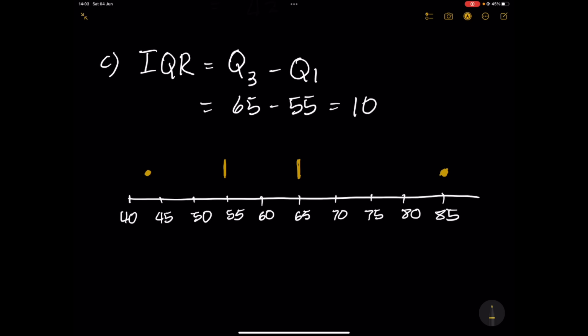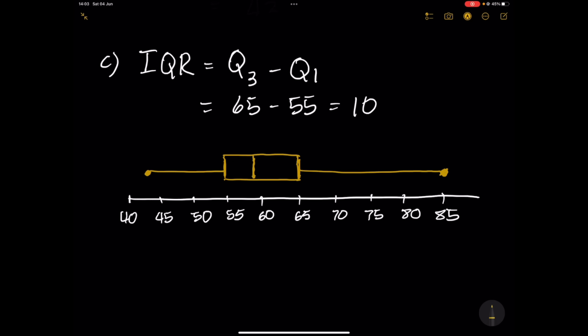And then I also had my Q2. We found our median, and our median was 59, so it is somewhere there. Which completes our box, right? So there we go.